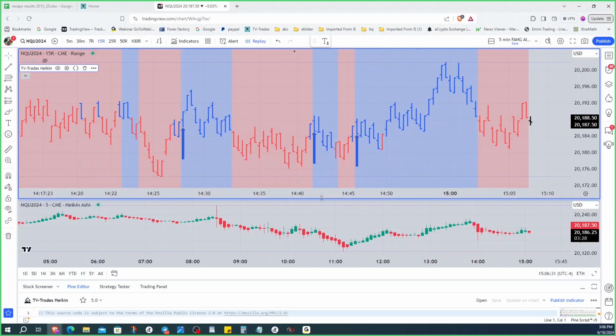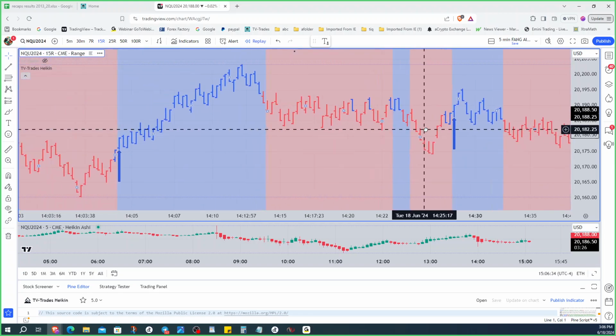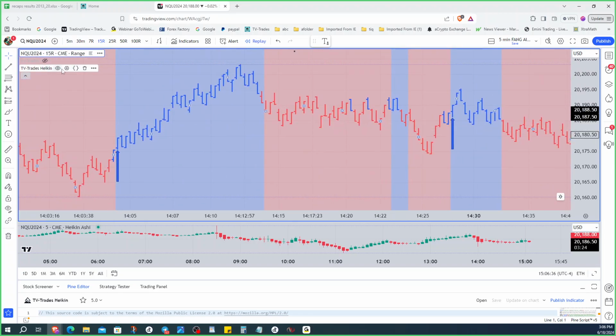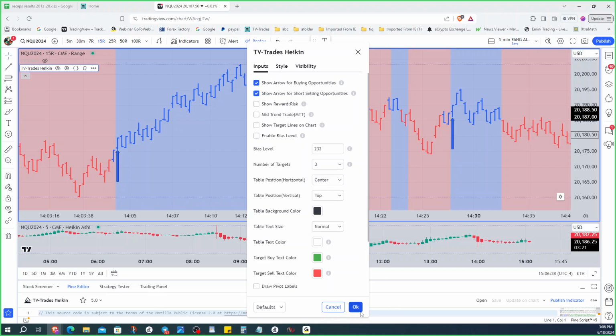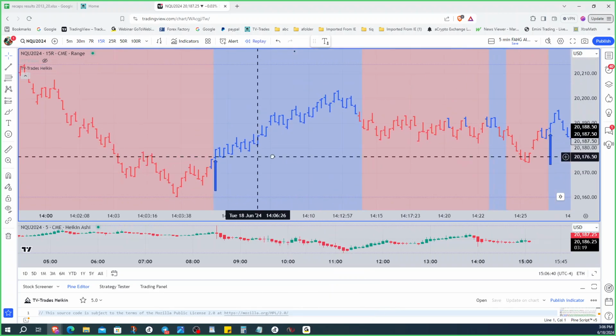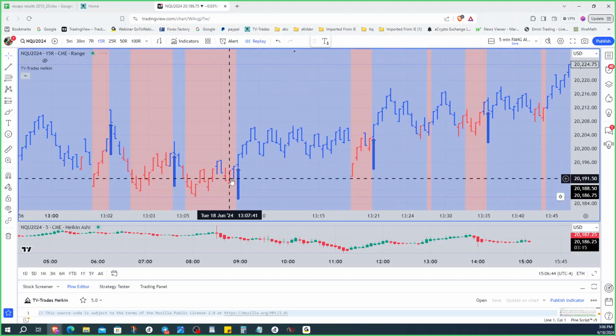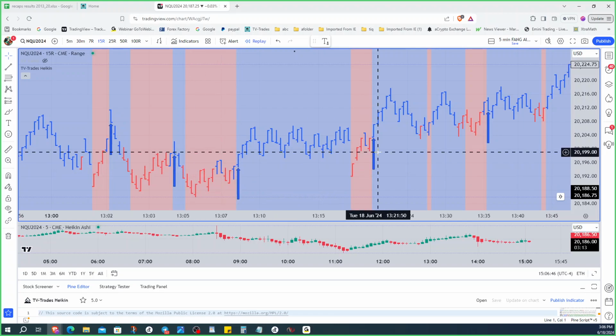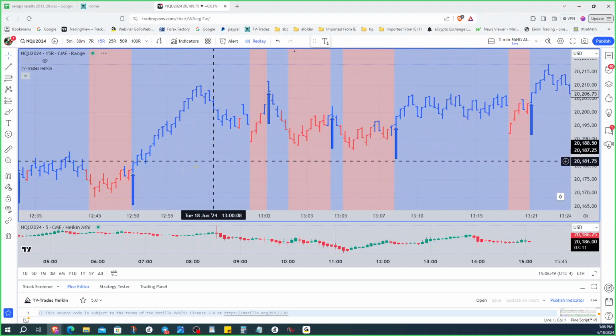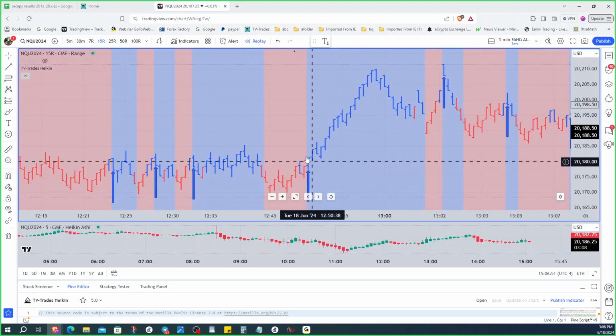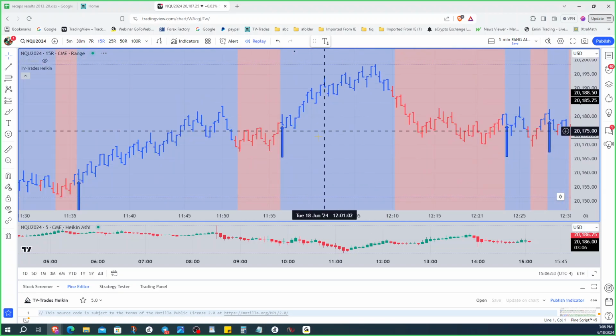Here on the 15 range NQ, I have the longs and shorts on, with no mid-trend trades. It's picking off the trades pretty good, it looks like, right? With the formula that I use for the TV Trades, it's picking off the trends pretty good using the Heiken Ashi formula.